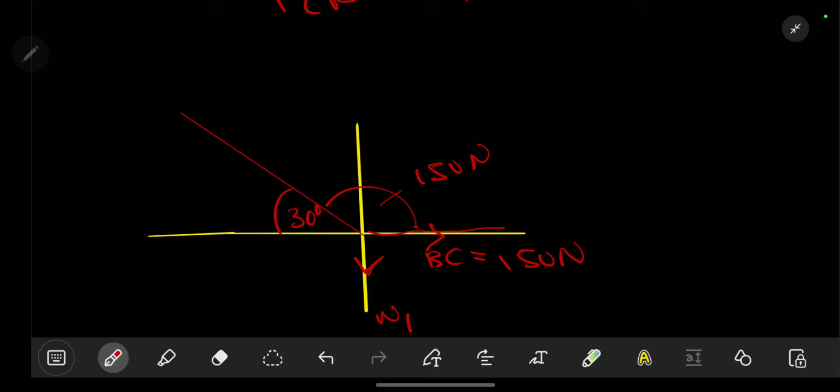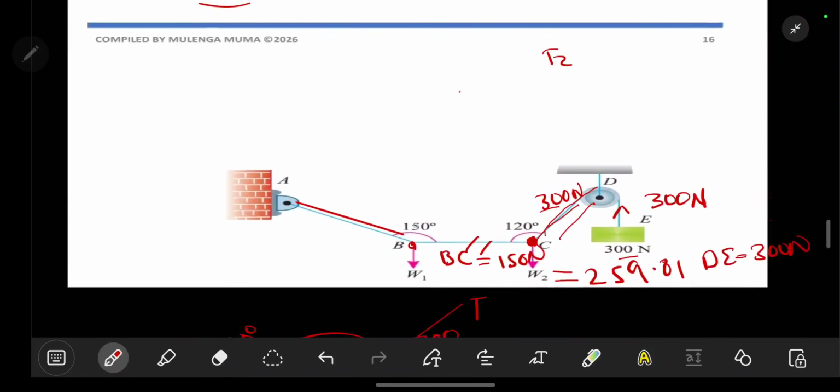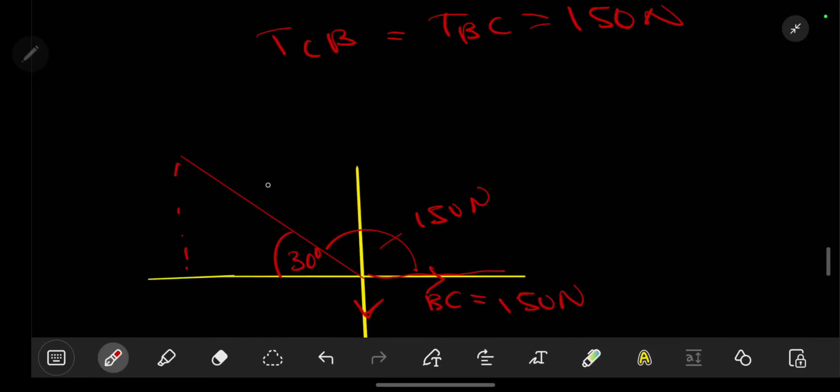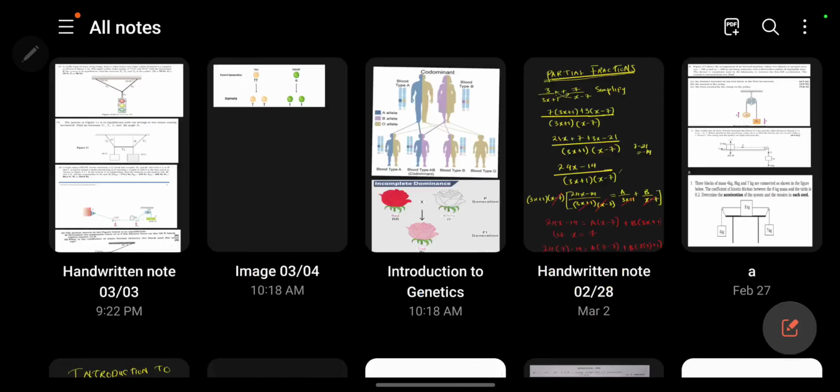Then the opposite side will be equal to the tension. This side is our BA, but we can just call it AB, it's still okay. So we have our A and our B, so we have the tension AB. We can say the opposite side will be the tension AB. Then we attach the sine of the angle 30 degrees. So that's our tension.